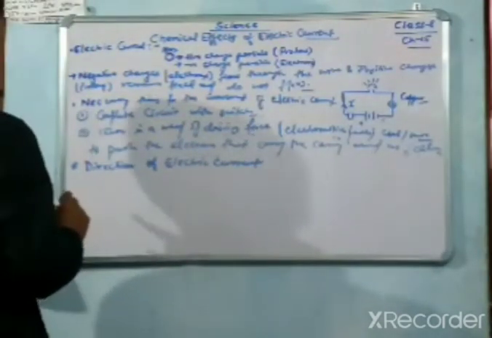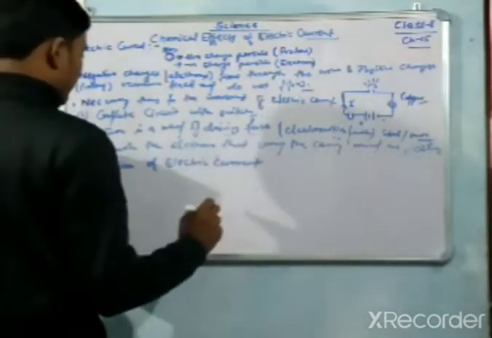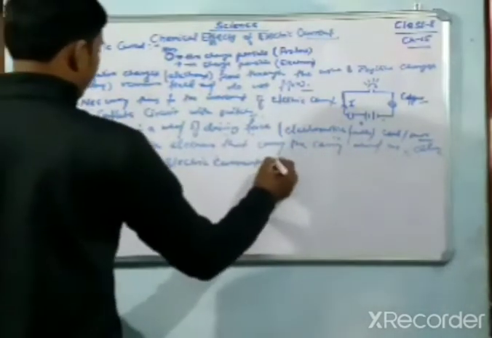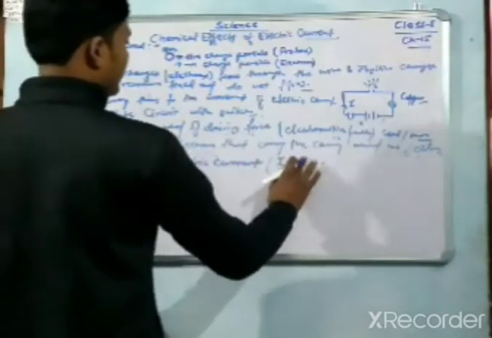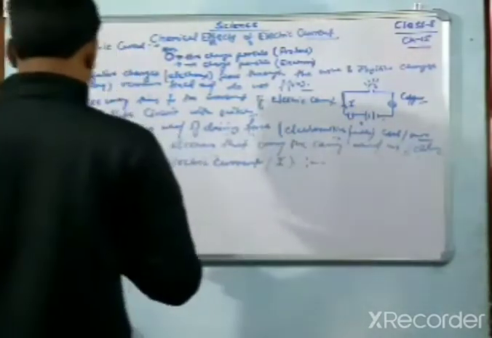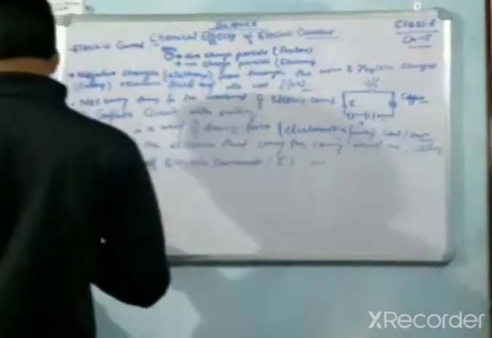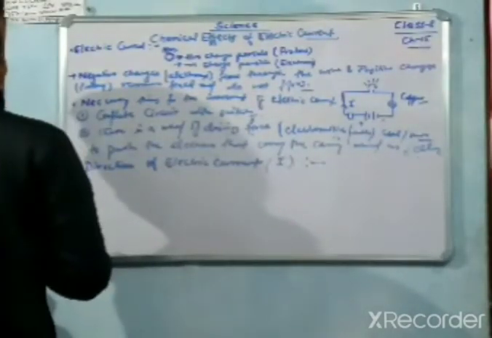Okay, so the direction of electric current: electric current is denoted by I. We will discuss it in upcoming classes.